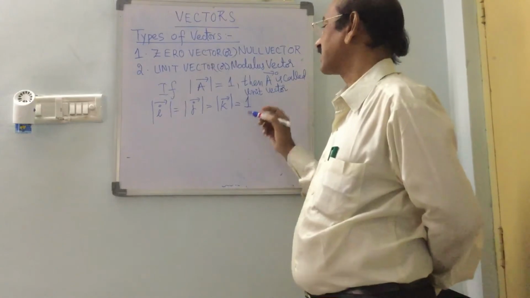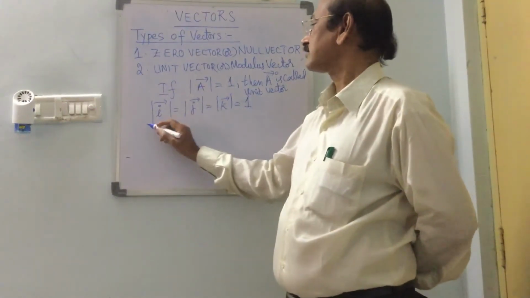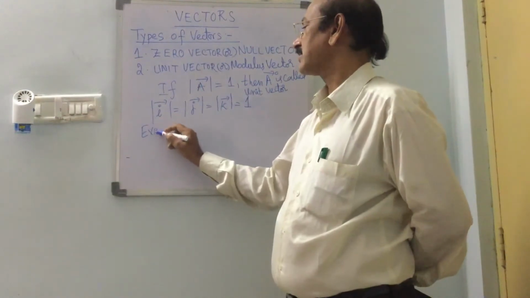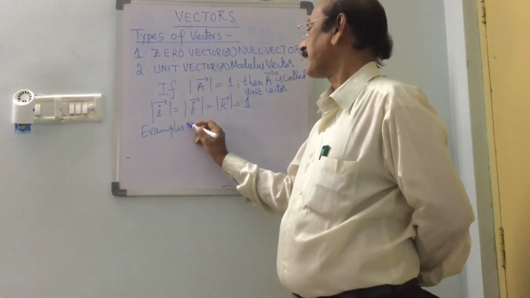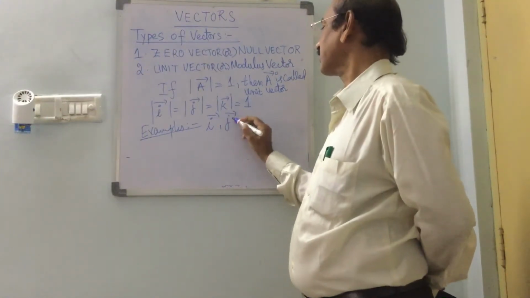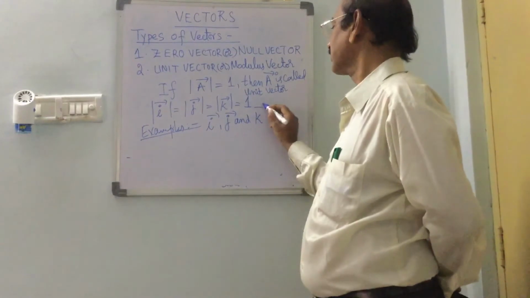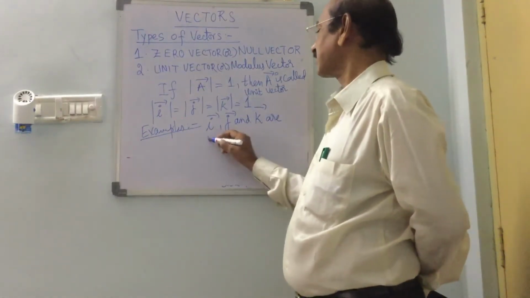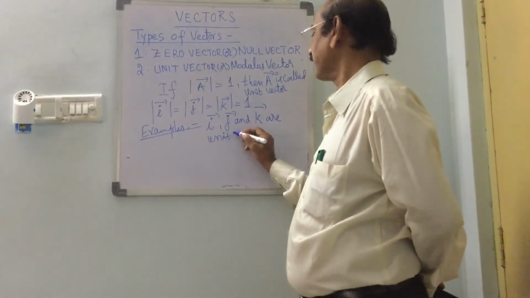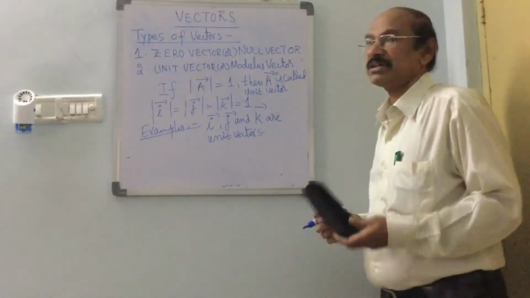Their magnitude is equal to 1. So examples: i bar, j bar, and k bar are unit vectors in x, y, z directions respectively.